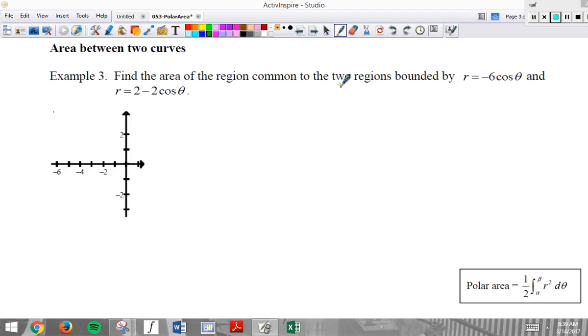Okay, area between two curves. Now, if rectangular is any key, this is going to be a little more complicated than just the area of one curve. So the first thing we're going to do is draw the graphs. So what does r equals negative 6 cosine theta look like?